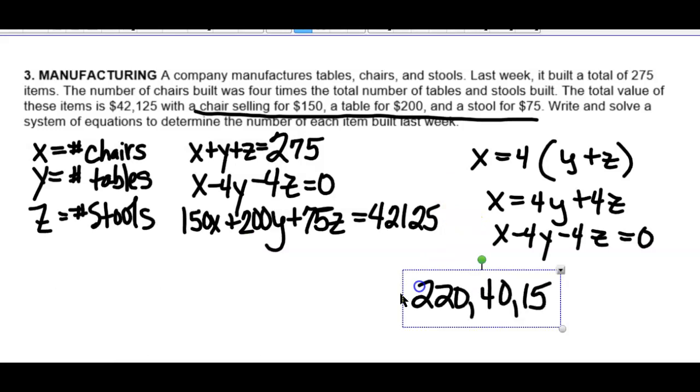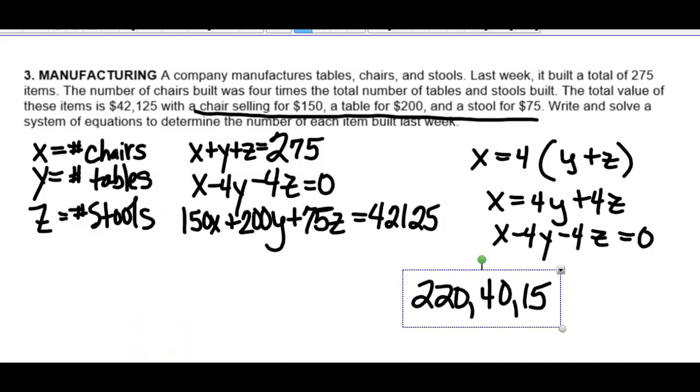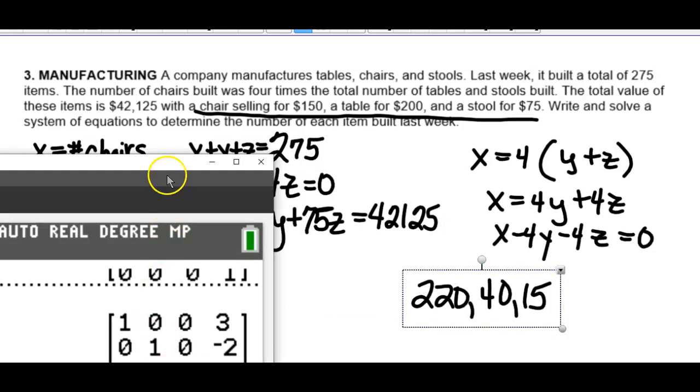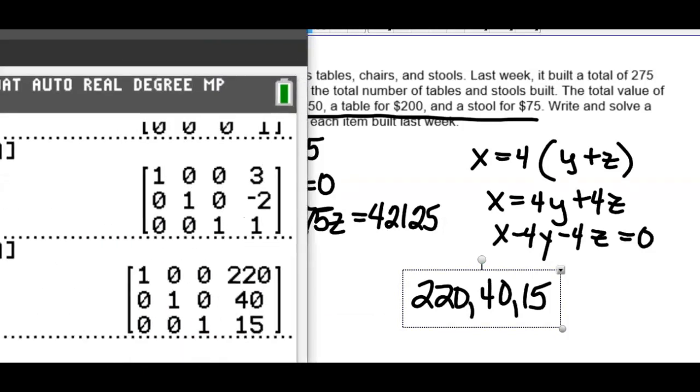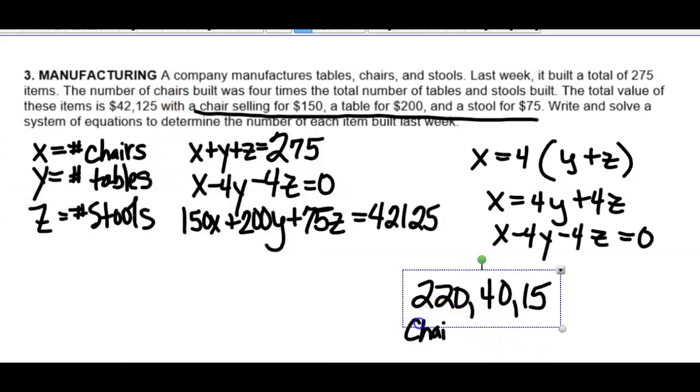I mean, several, not like a ton, but okay. Did I get that written down right? 220, 40, and 15. Okay, so 220 was chairs, 40 was tables, and 15 was stools. All right.